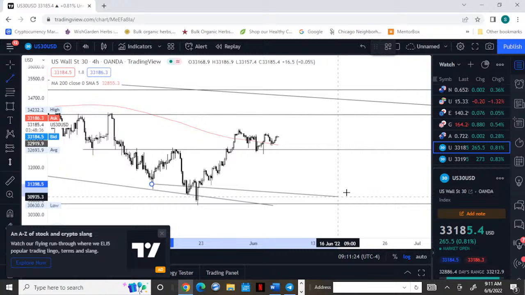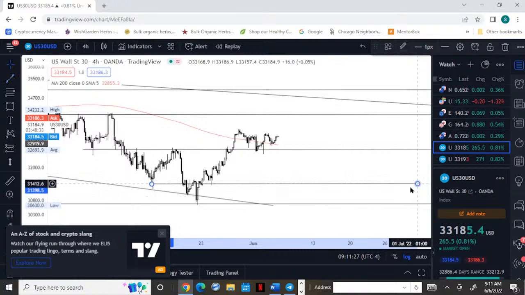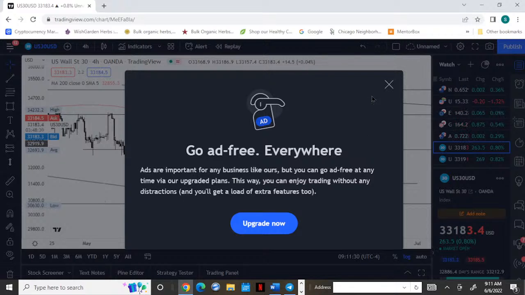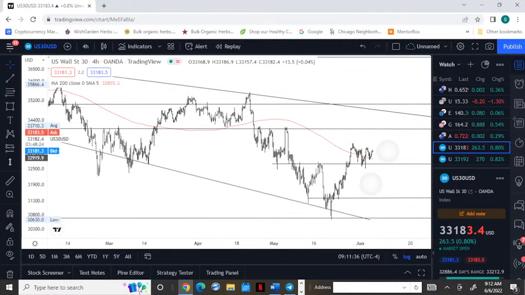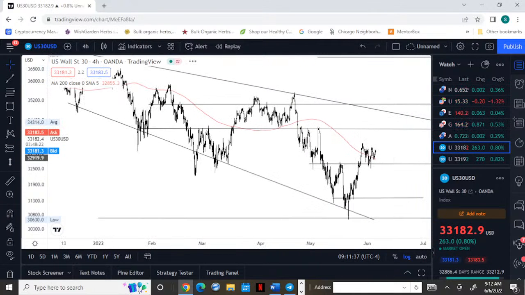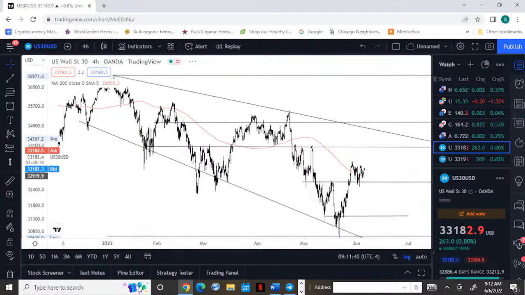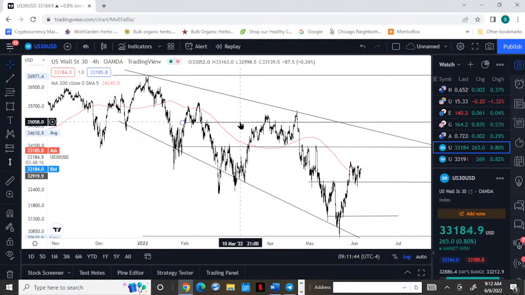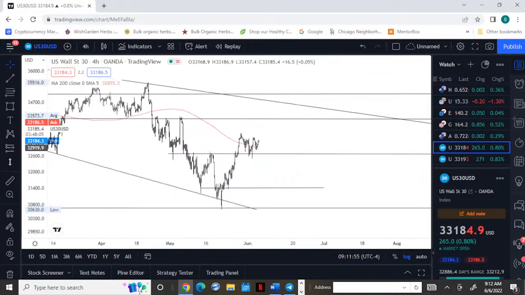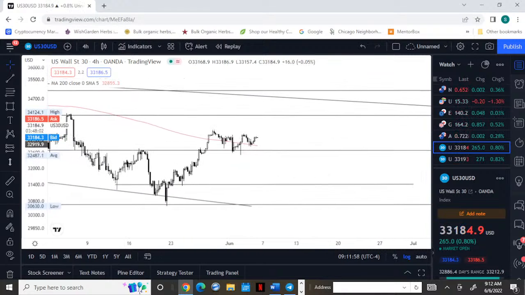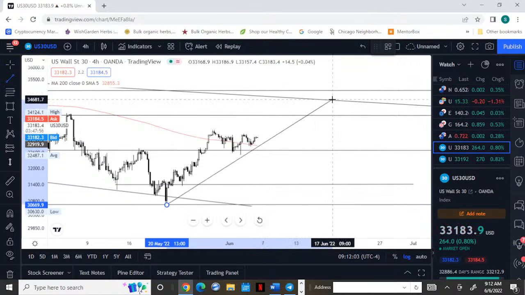And down here. And mark this trend line.